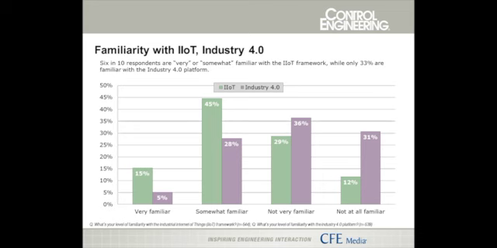The research is split into 2 sections. First on IIoT and Industry 4.0, then on information integration. Despite heavy coverage of these topics by Control Engineering and other publications, it would seem that even more coverage is needed, with more than 40% of the respondents not very or not at all familiar with IIoT, and more than 65% not very or not at all familiar with Industry 4.0.